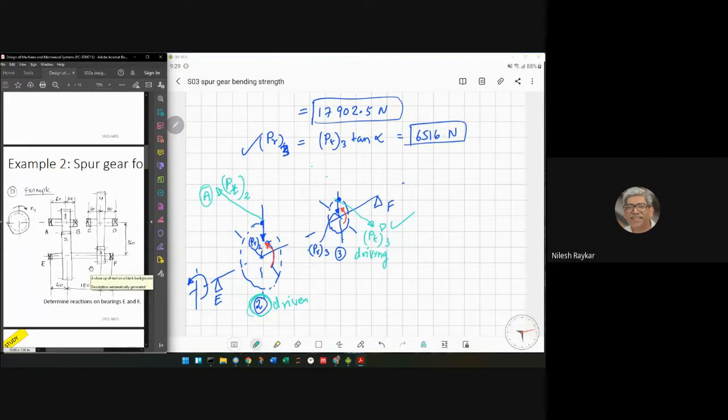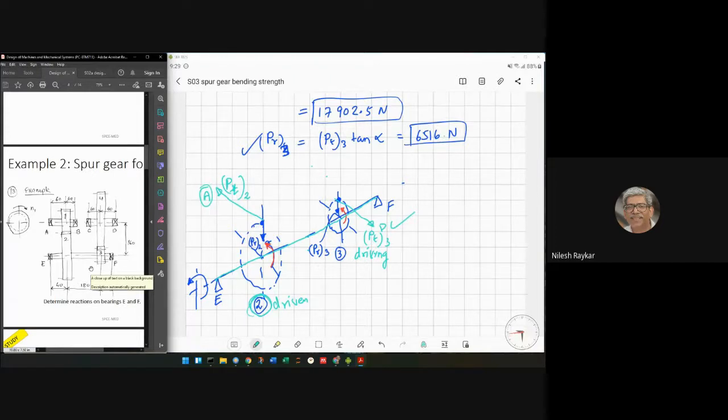Okay, so now we have the full information. We know the location of the gears, so we can analyze this as a problem of engineering mechanics. We have the forces acting on this particular beam. You can directly do these calculations in 3D if you are comfortable with the vector method. But if you are not, then you have to resolve this problem into two planes: one is the horizontal plane and another is the vertical plane.